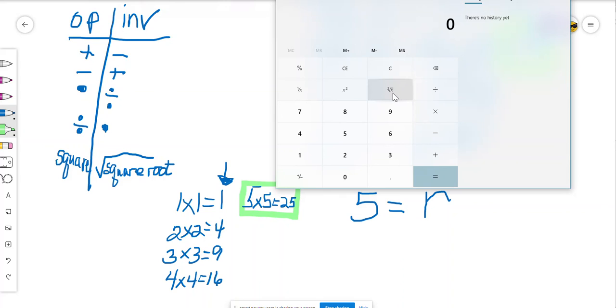Look right here. There's a square root sign. And I can push that. If I put 25 and then push that square root thing, look what it gives me. 5. And that is the radius of the circle.